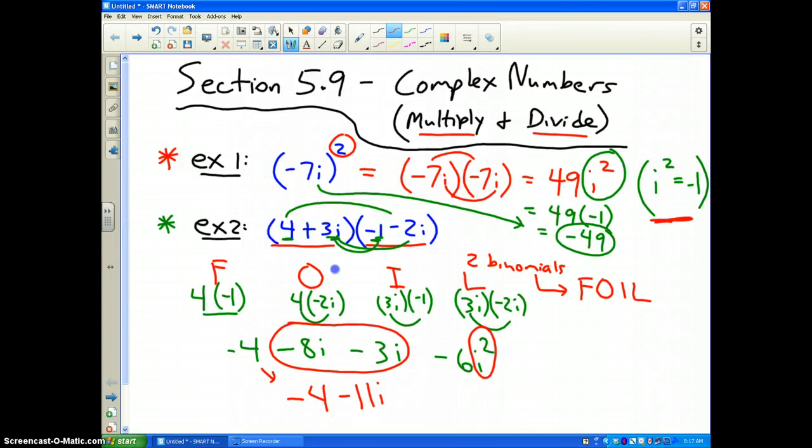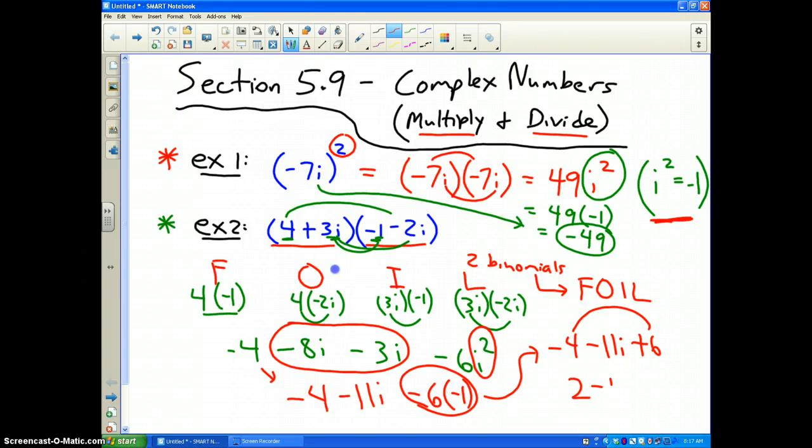I need to replace that with negative 1, so I have negative 6 times negative 1. Very simply, negative 6 times negative 1, I'm going to write the whole thing out. I get negative 4 minus 11i, and then this part in the circle becomes positive 6. And those two numbers are like terms, so I can add them together. Negative 4 plus 6 is positive 2 minus 11i.